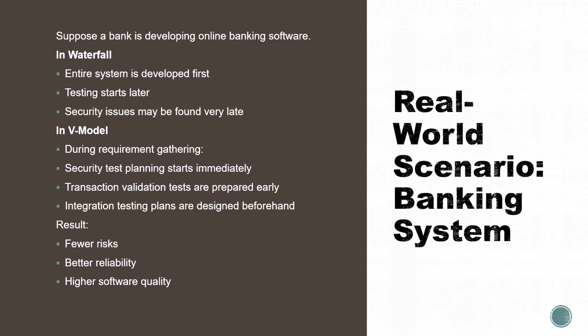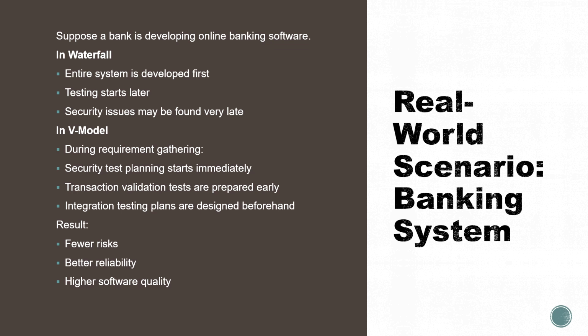So let's have a real world scenario of a banking system. In the waterfall approach, the complete banking system is developed first, testing starts later, and security problems may be discovered very late. तो यहाँ पे क्या होगा कि this can be dangerous because banking system require higher security and reliability. जबकि V model में while requirements are being gathered, the team already starts planning.